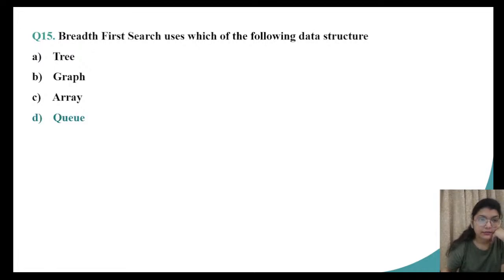Correct. Breadth first search will always use the queue data structure. Remember this point. This is very important because this question has been asked in one of your previous exams. I'm not sure which year. So, breadth first search will use queue.